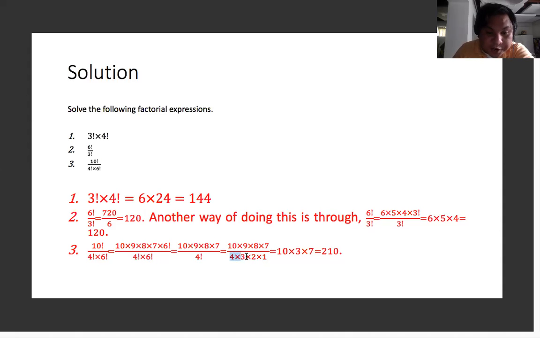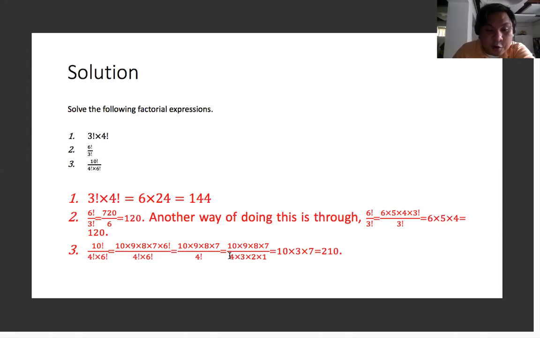Now from here, I am going to try and cancel out some terms so that I'll be multiplying fewer terms. Take note, times 1 or divide by 1 actually does nothing, so you can just throw it away. If you'd like to cover it, that's fine. Go cover it. So we're only concerned with the 4, the 3, and the 2 in the denominator.